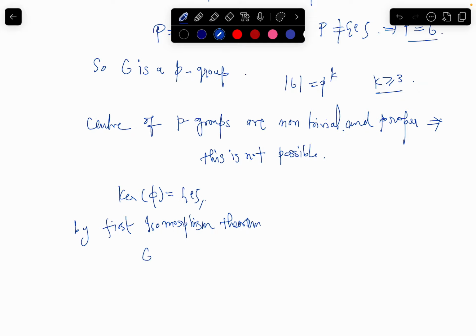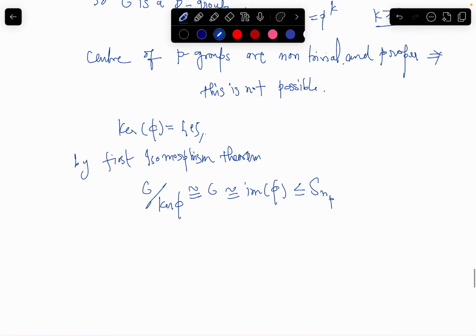We have G modulo the kernel, that's G, which is isomorphic to the image, but the image is a subgroup of S_{N_P}. So G is isomorphic to image phi, and that is a subgroup of S_{N_P}. So G in some sense is isomorphic to a subgroup of S_{N_P}.